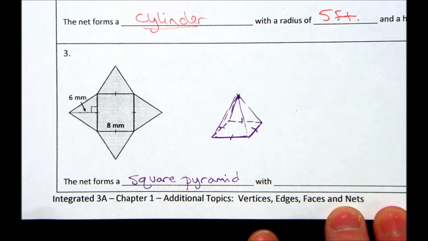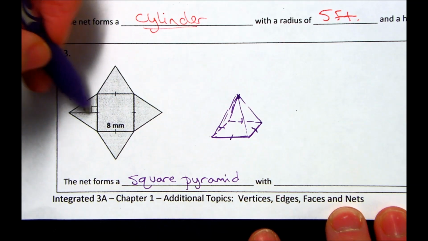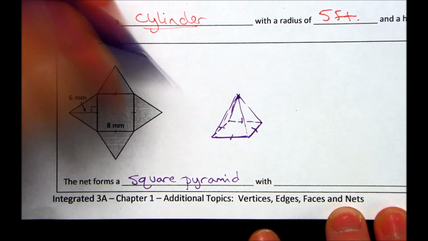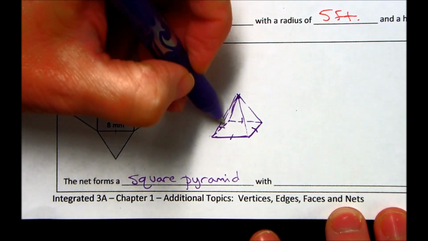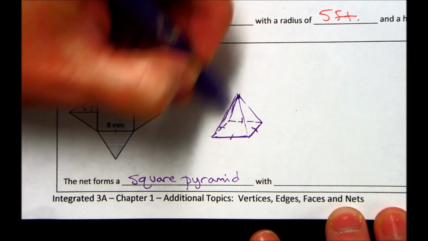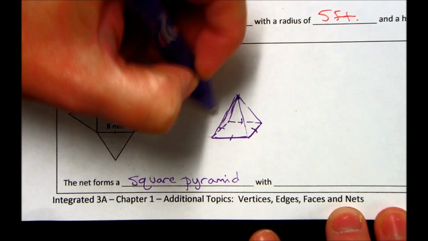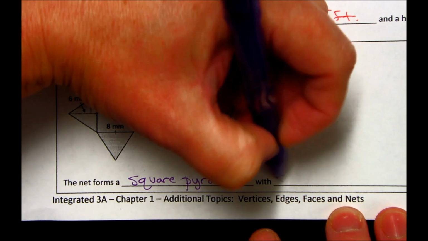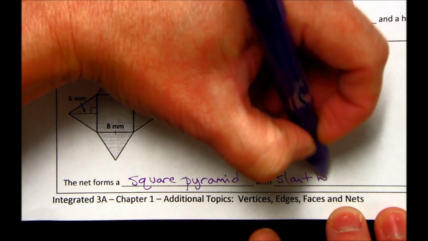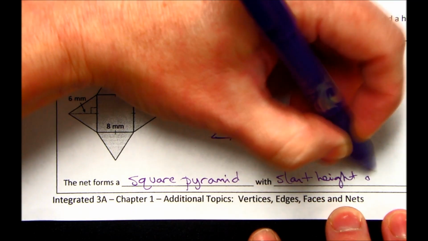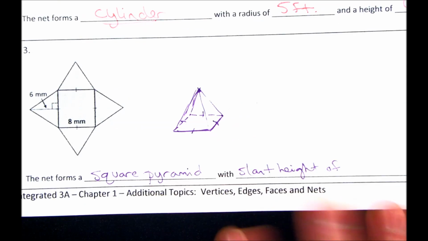with a couple of things going on. So this 6 millimeters, when we fold it up, is actually going to be the slanted height. So it's going to have a slant height of 6 millimeters.